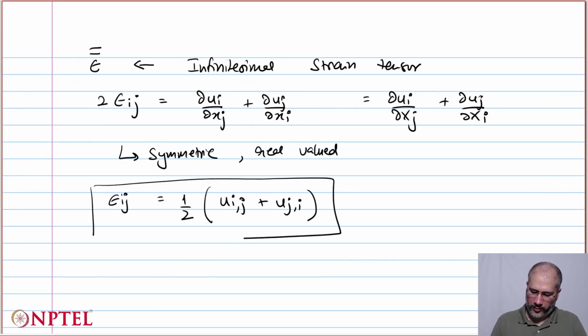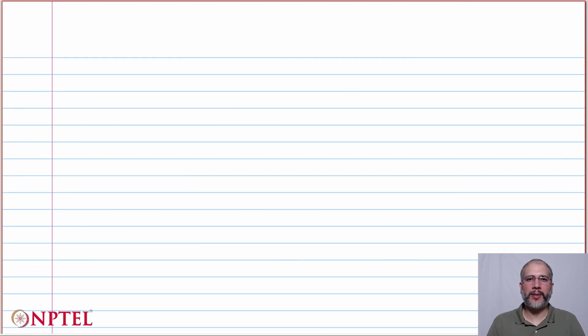In fact, I'll box this because it is very important you remember the definition of epsilon. There are many cases where we'll get confused, so we'll have to come back to the definition of what epsilon is. So what we do now is that we understand the physical meaning of the different terms of epsilon.